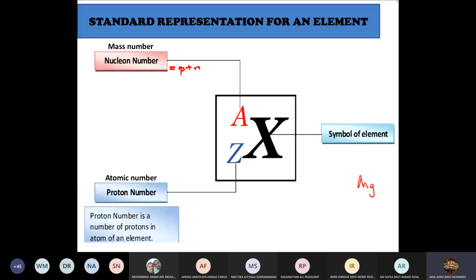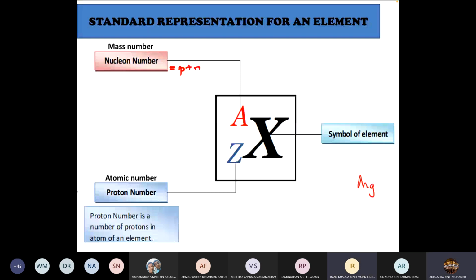Nucleon number is always the sum of the number of protons plus the number of neutrons. Whereas at the bottom, Z is the proton number.